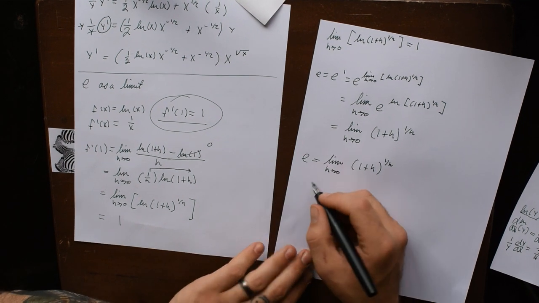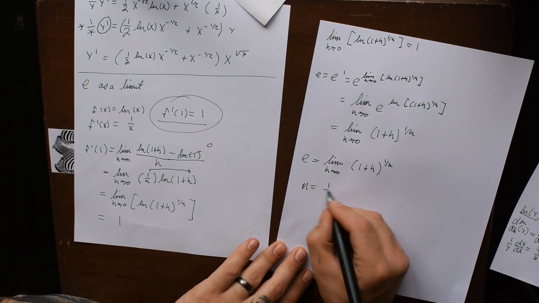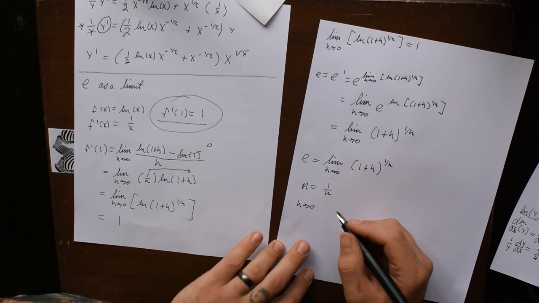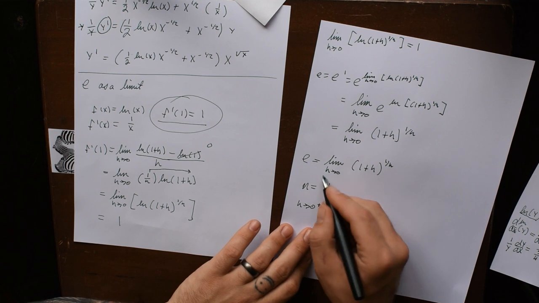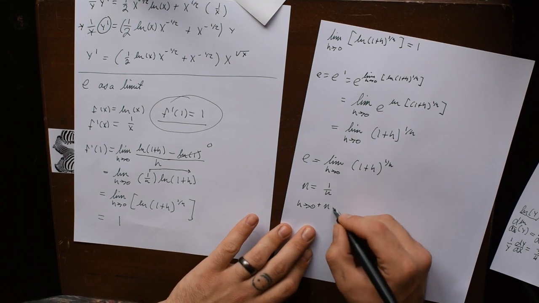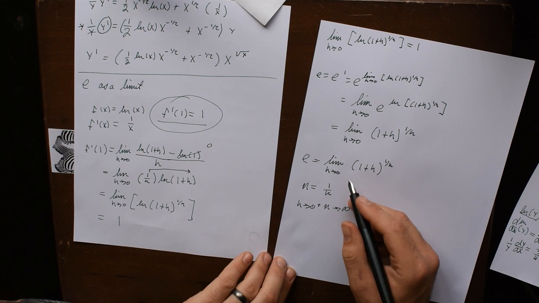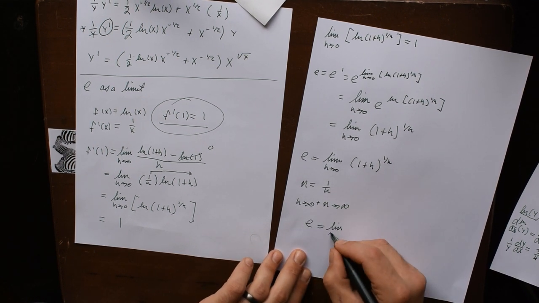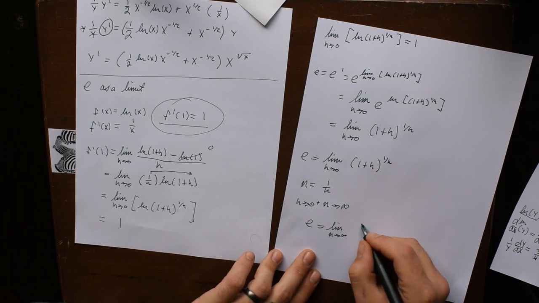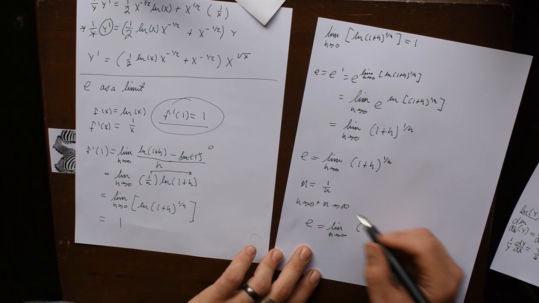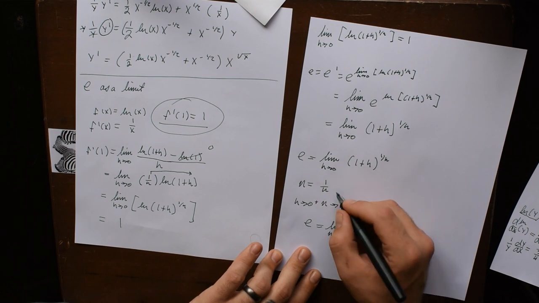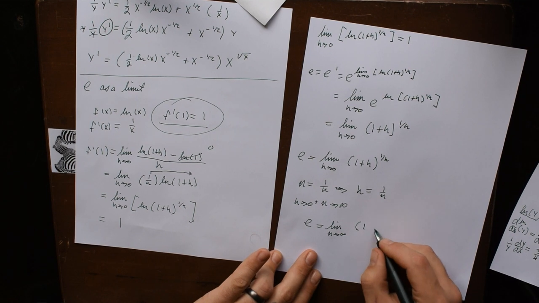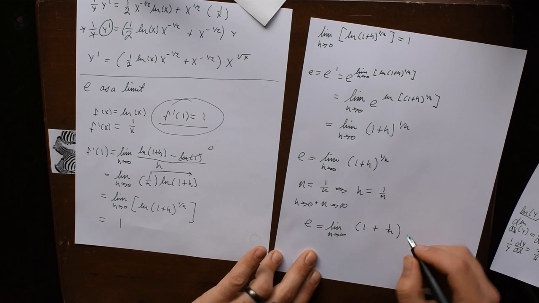If we let n be equal to 1 over h, then as h goes to 0 from the right, then n goes to positive infinity. And we can rewrite this limit as e being equal to the limit as n goes off to infinity of, so if n is equal to 1 over h, that tells us that h is equal to 1 over n, and we get 1 plus 1 over n all to the n.